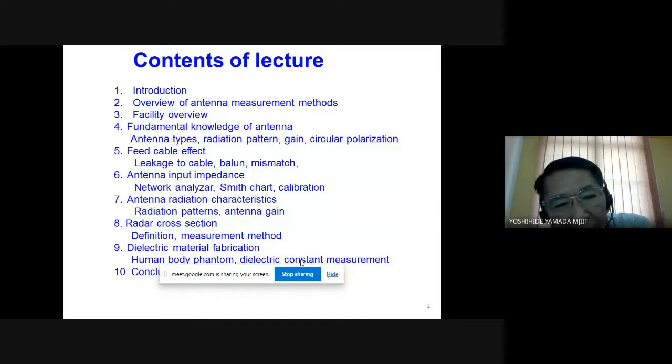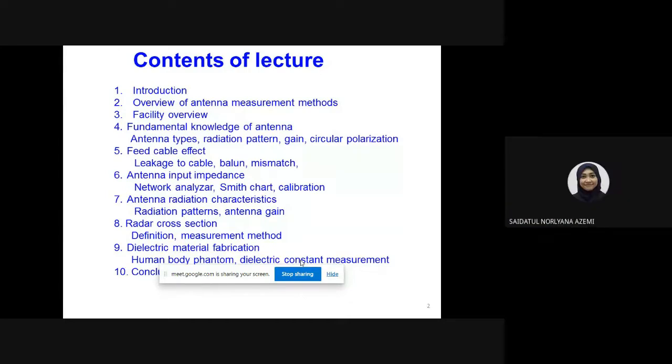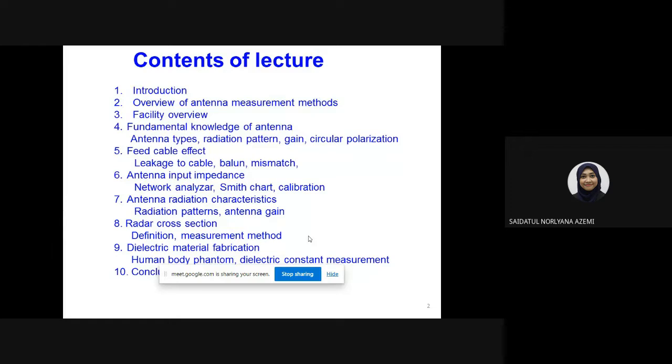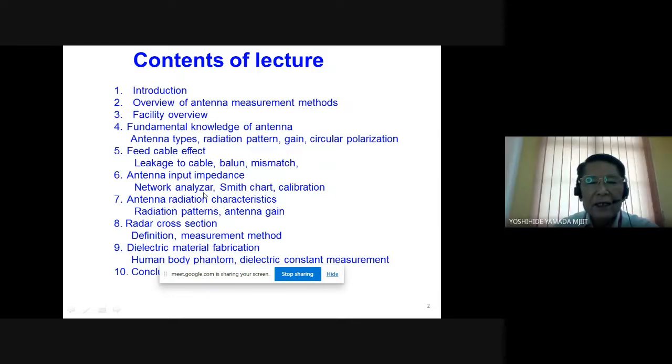Sorry for the attendees. My mistake. You cannot see. Hello? Yep, now we can see. Dr. Saidatul, yes. Now, sorry. My student helped me now. Thank you for the student.